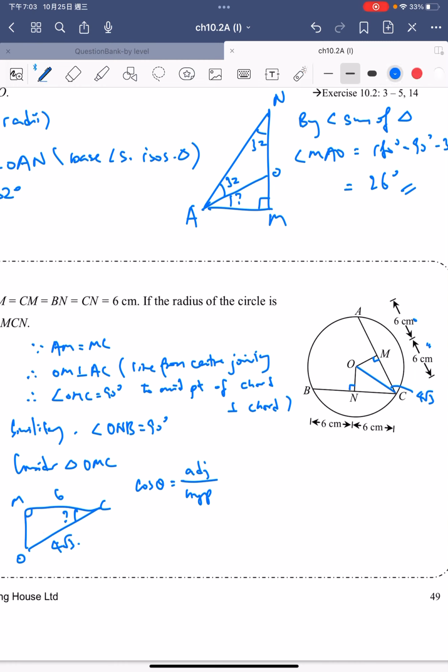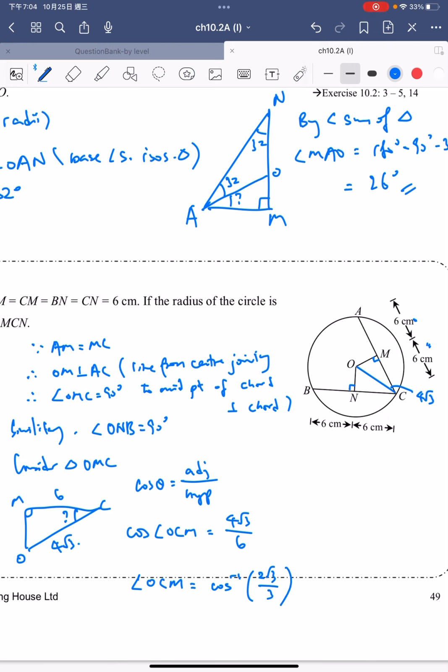So now we can say that the cosine of angle OCM is equal to 6 over 4 square root 3. I don't have a calculator right now, so try to use your calculator to finish that, where the angle of OCM is equal to the inverse cos of 2 square root 3 over 3.